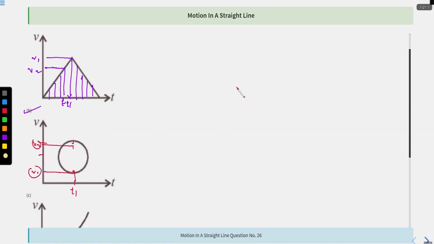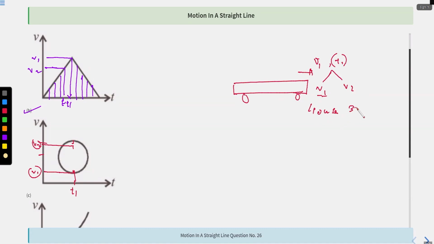If you're traveling in a bus or a car at velocity v1 at time t1, then at the same time you cannot have two velocities v1 and v2. You cannot travel with 40 meter per second and 30 meter per second at the same time. There is a time lag required to change the speed. So at the same time you cannot travel with two different velocities. That is what this option is telling us, so this is an incorrect motion, and that is why this is the right option.